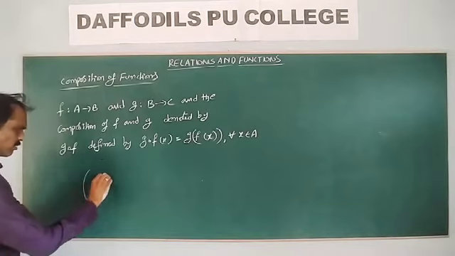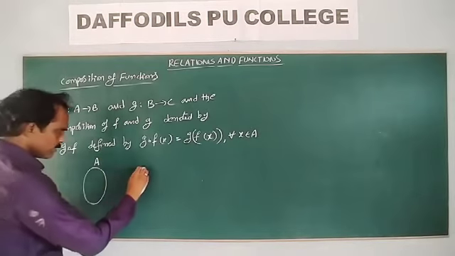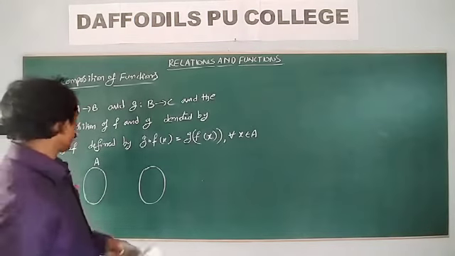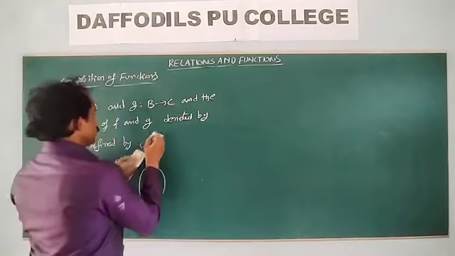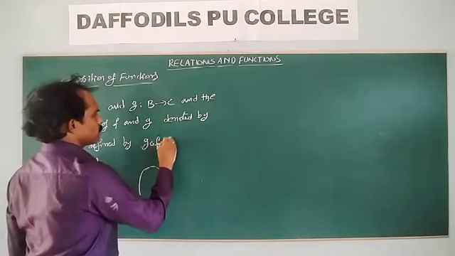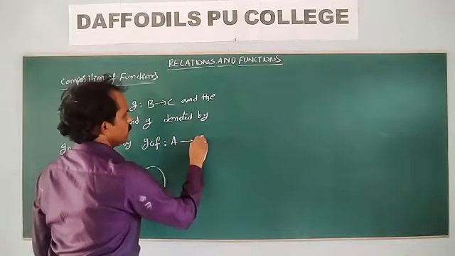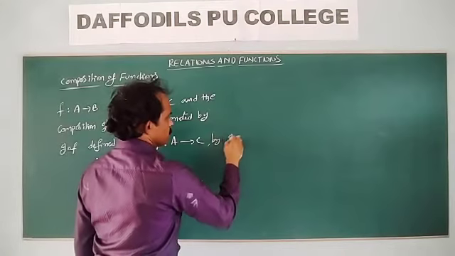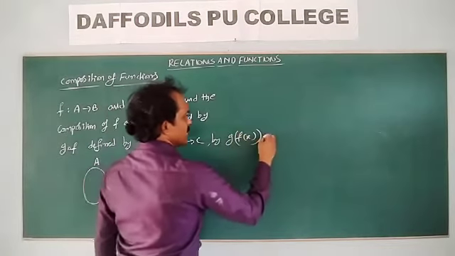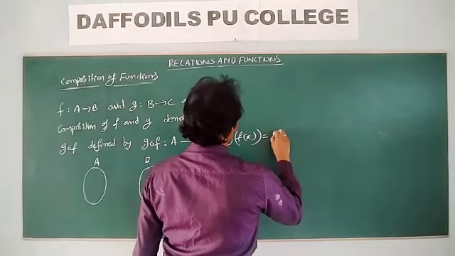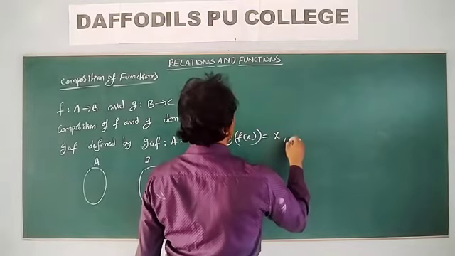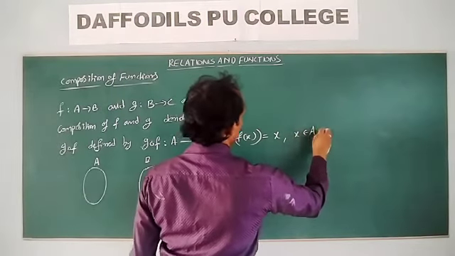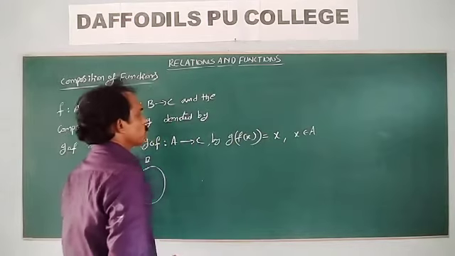Suppose this is the diagram. Let this be A. How can you express it? g circle f maps A to C. This is A to C, and suppose this is B. g of f of x is equal to some value, where x belongs to A. Clear?